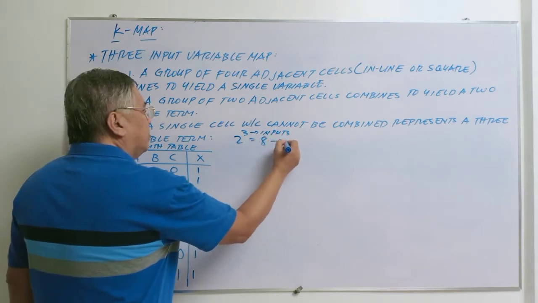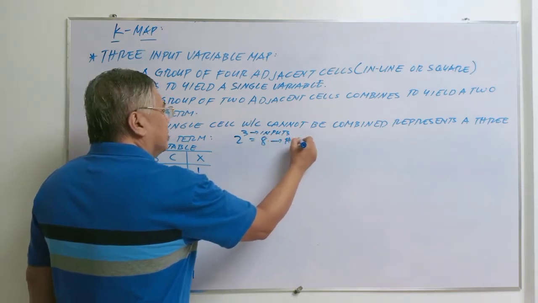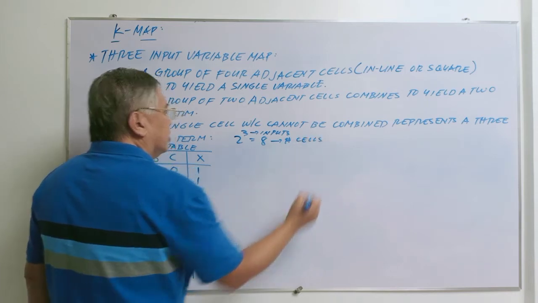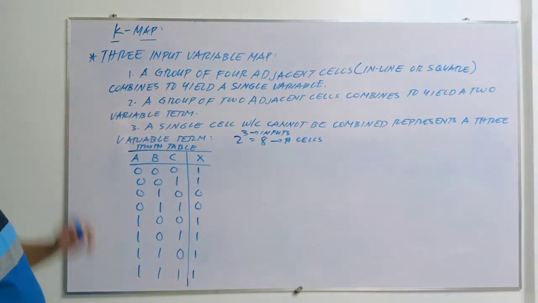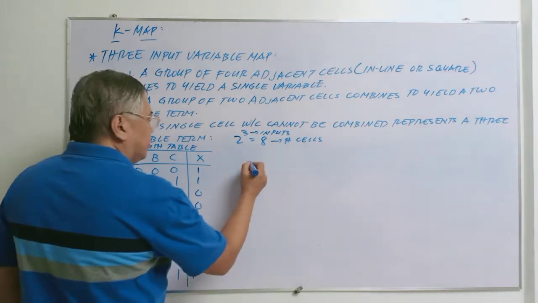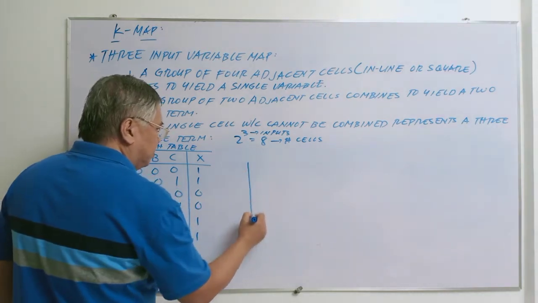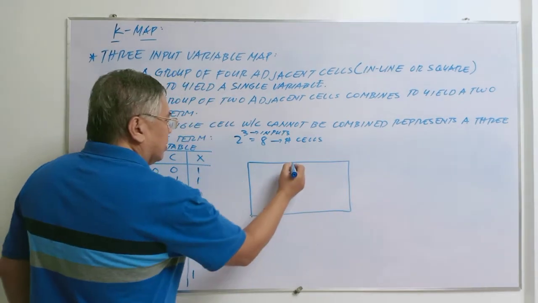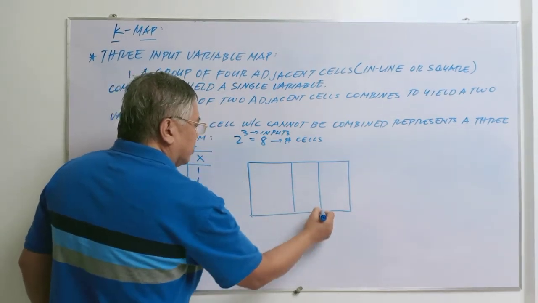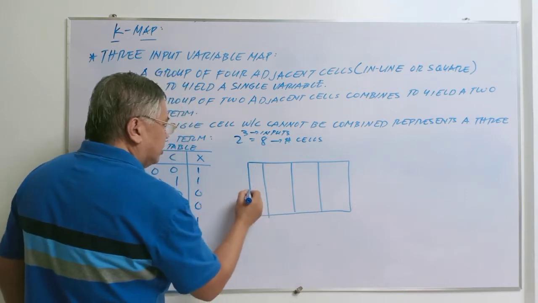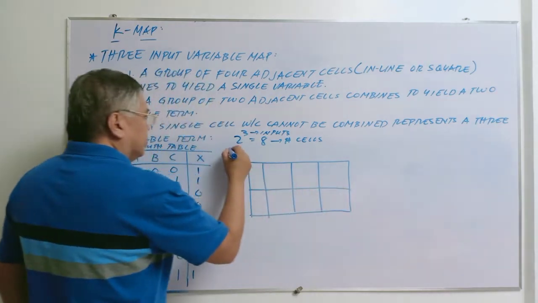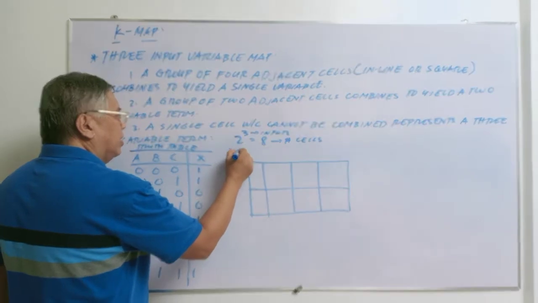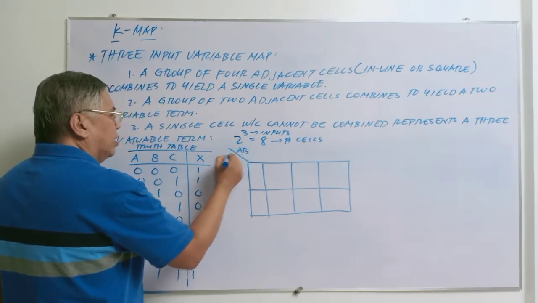That is the number of cells that we need in order to satisfy a 3-input variable map. So we draw a map. We make 8 cells, and these are inputs A, B, and C.